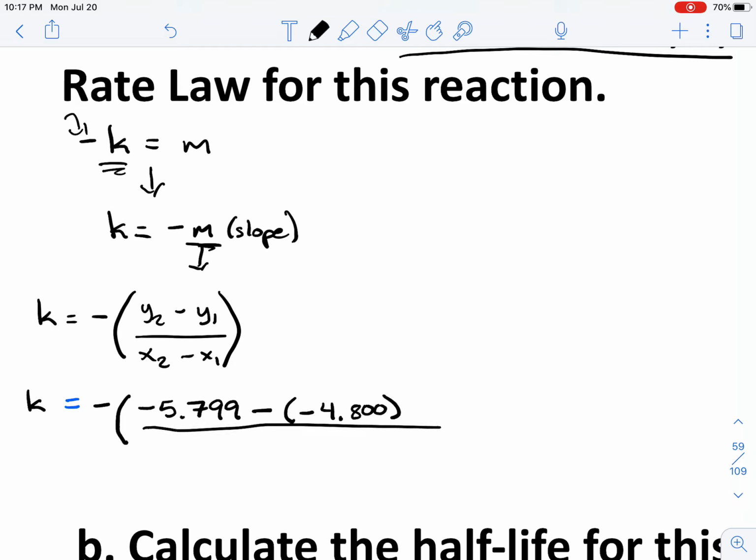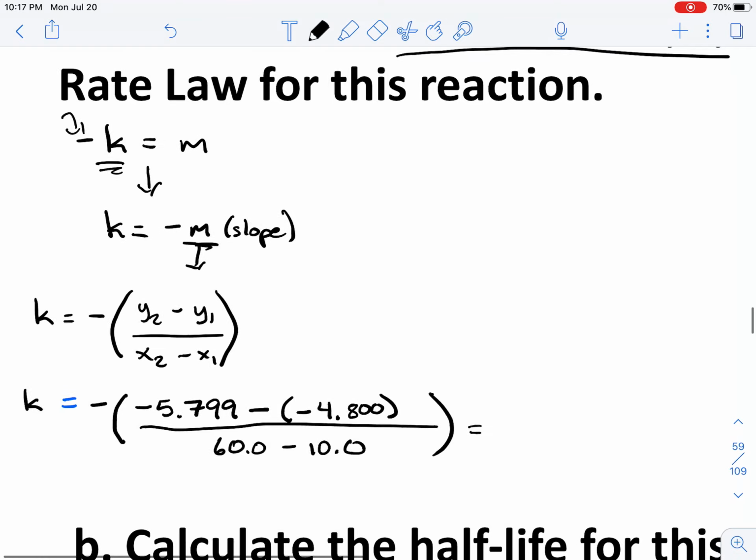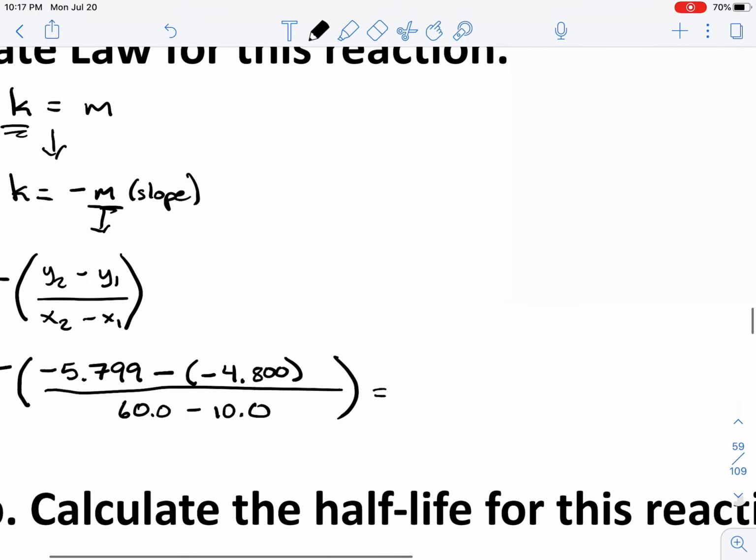And we're going to go ahead and divide this by 60.0 minus 10.0. So that's reflective of x2 and x1. And so if I were to follow through with my math, I'll get negative parentheses, negative 0.999 over 50.0.